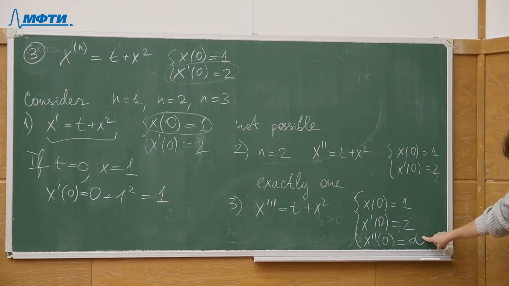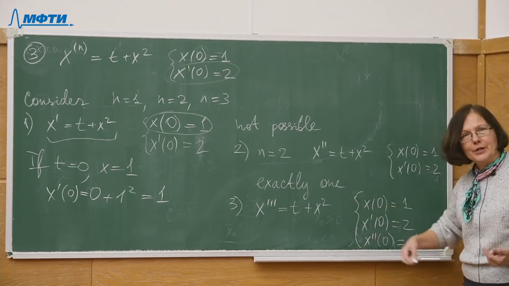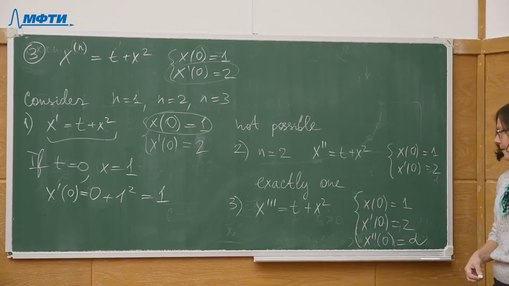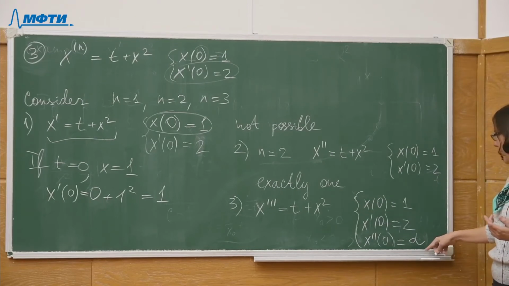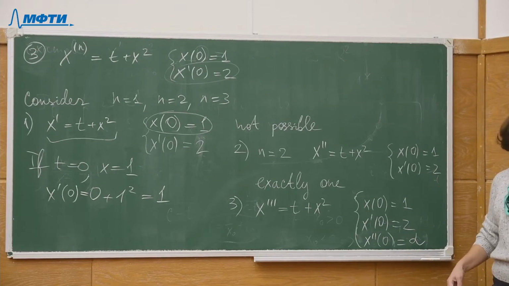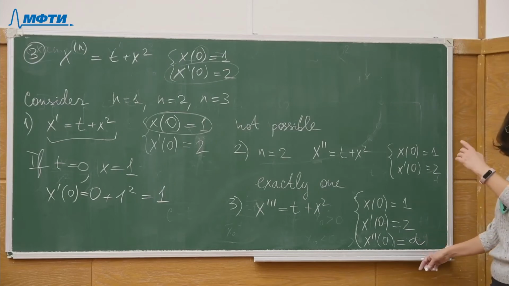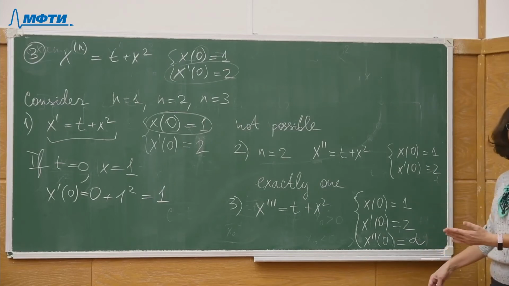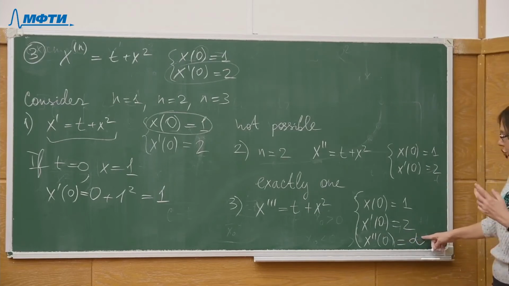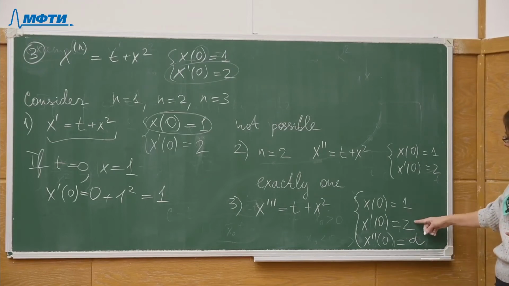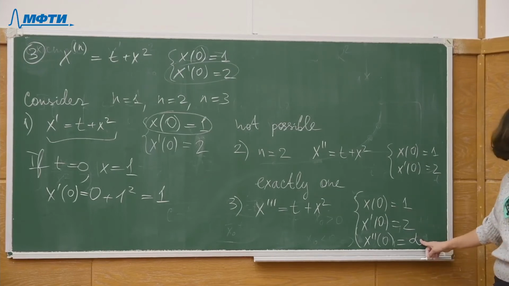If we fix alpha, we get exactly one solution to this differential equation, right? But alpha may be varied. We may vary alpha, so it may take different values. And for each alpha, we will obtain different solutions, right? With the same 1 and 2, different values of alpha will give different solutions.